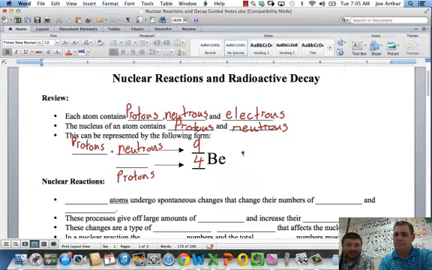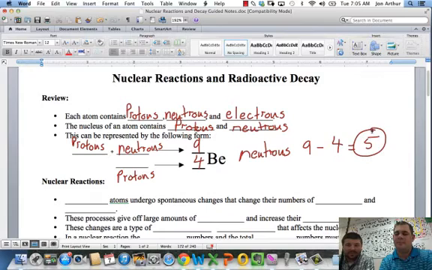So I can figure out the number of neutrons by taking 9 minus 4, top minus bottom, and you get 5. So that's the number of neutrons: 4 protons and 5 neutrons. That's a little review of how to figure out how many protons, neutrons, and electrons are in an atom.